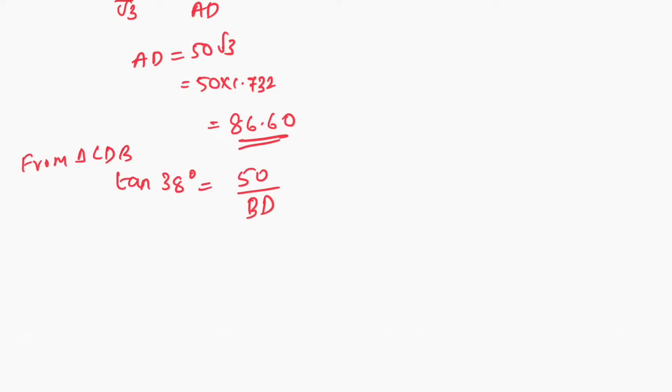Again, in the back side of your book you have the tan table. Just go through the table, you will clearly get the value of tan 38. It's on page number 455. So it is 0.7813 equal to 50 by BD, correct? So what do you get?